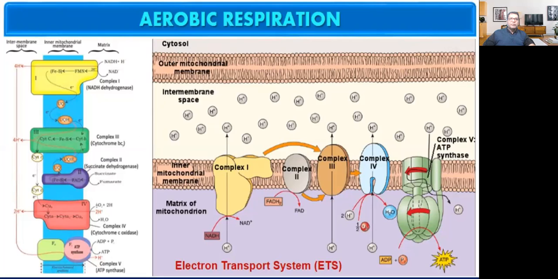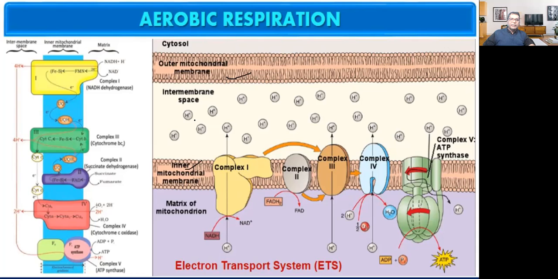So this is all about aerobic respiration. This is the cytosol. This is the outer mitochondrial membrane. This is the inner mitochondrial membrane.